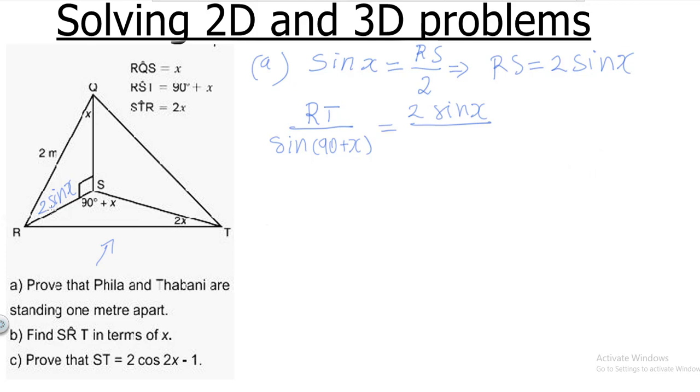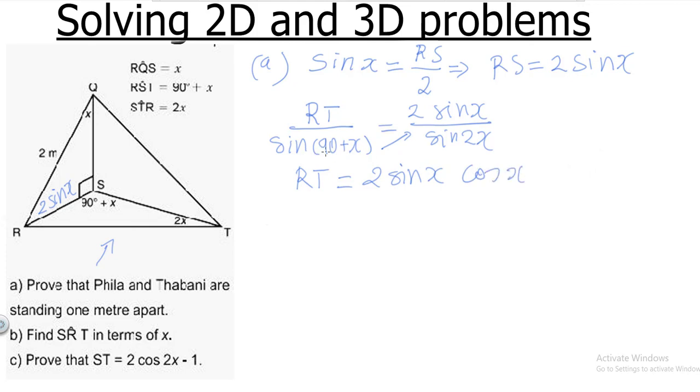The angle opposite to the side, it is sine 2x. So let's cross multiply. If we cross multiply, RT will be equal to 2 sine x multiplied by cos x.